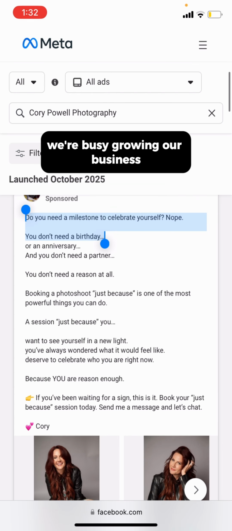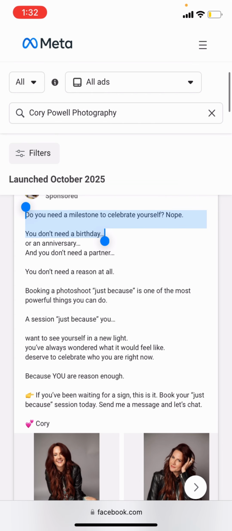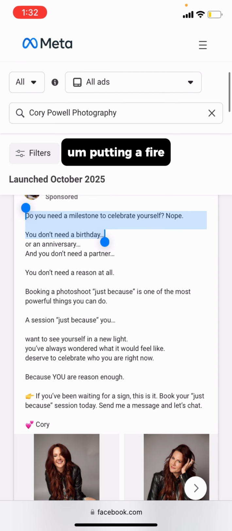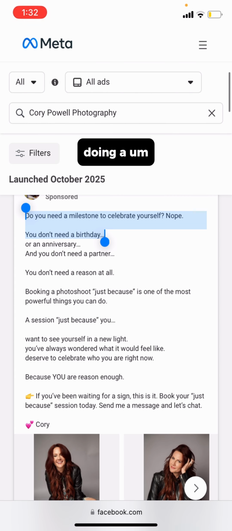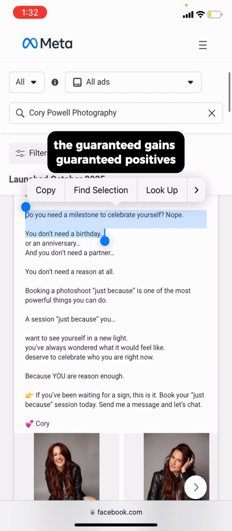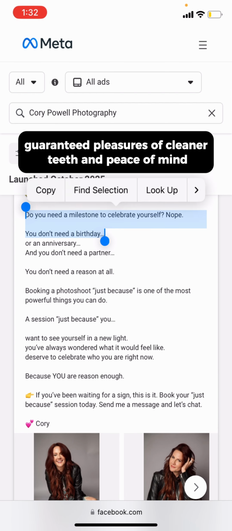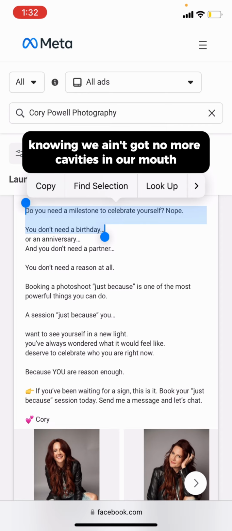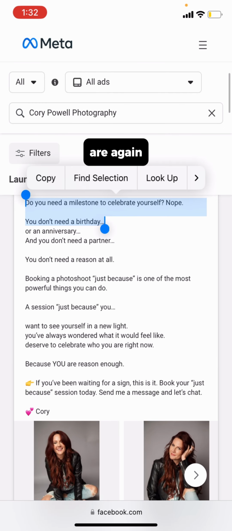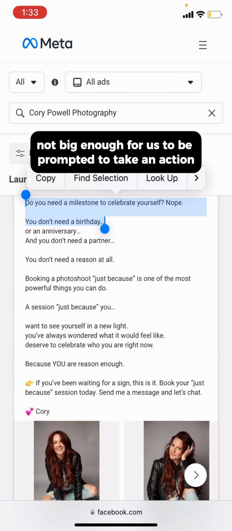And same thing, we're busy, growing our business, putting out fires, shooting for clients, bookings, handling cancellations, editing photos. And again, the guaranteed gains, guaranteed pleasures of cleaner teeth and peace of mind knowing we ain't got no more cavities in our mouth, those positives are, again, not big enough for us to be prompted to take an action.